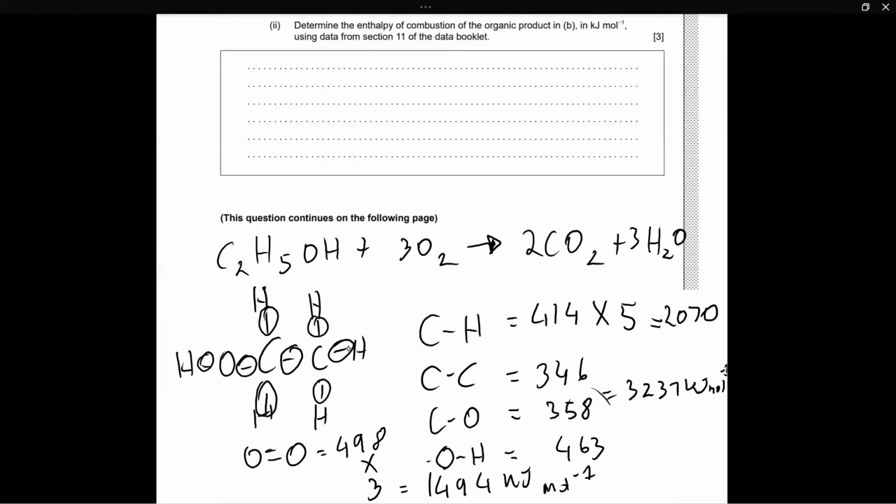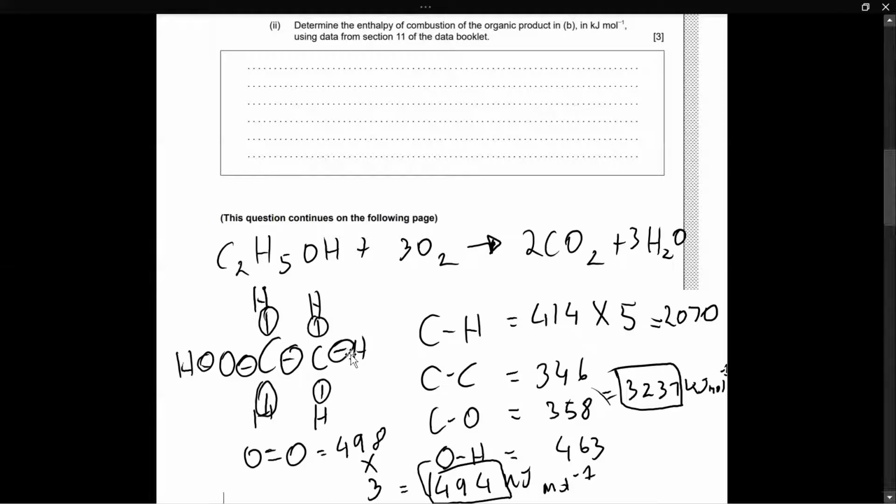Now we add this value with this value, and we get a total enthalpy of the bonds broken. So these are the bonds that are being broken. So the total enthalpy is 4,731 if you add both of them together.